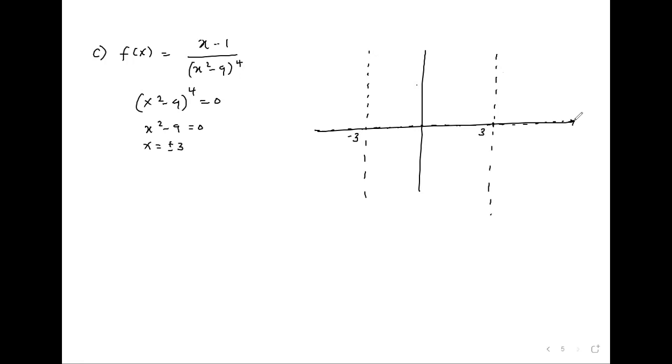After 3, we can pick a number like 4. Substitute here. We have f of 4 is 4 minus 1 over 4 squared, which is 16 minus 9, and then to the power 4. That's 3 over 16 minus 9, that's 7. So 7 to the power 4 is positive. So we are putting this up there.